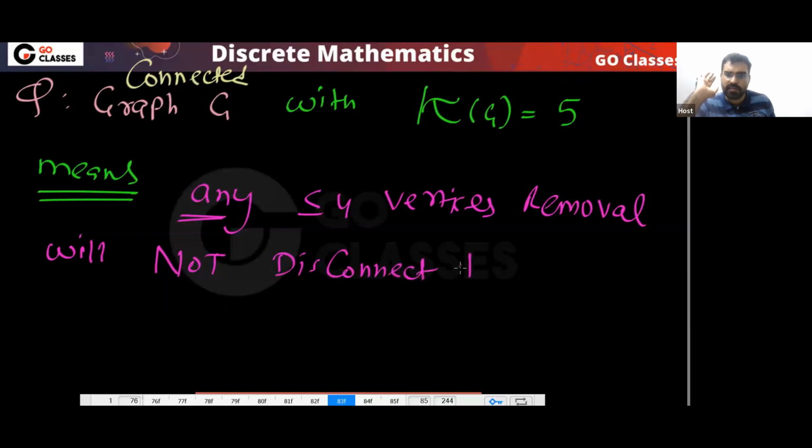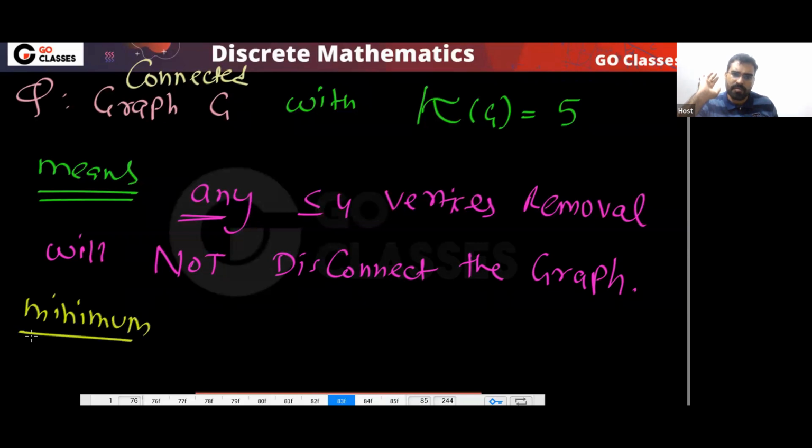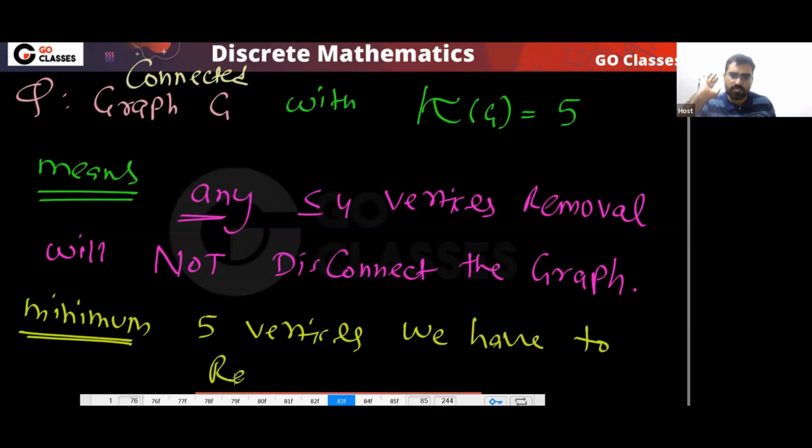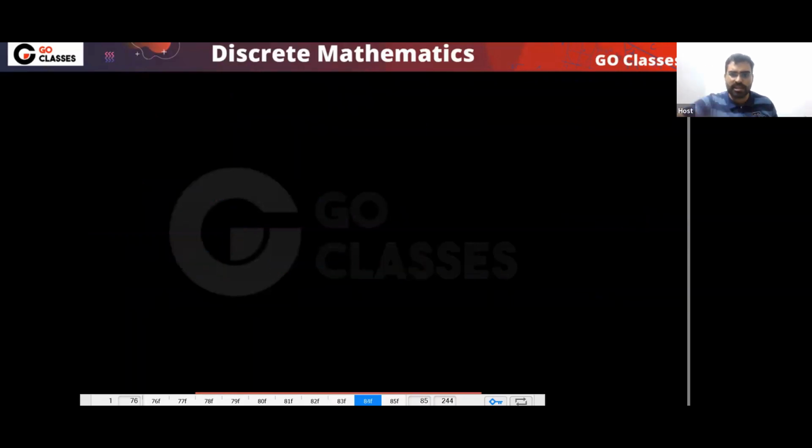So minimum how many vertices do you have to remove? Minimum 5 vertices we have to remove to disconnect.